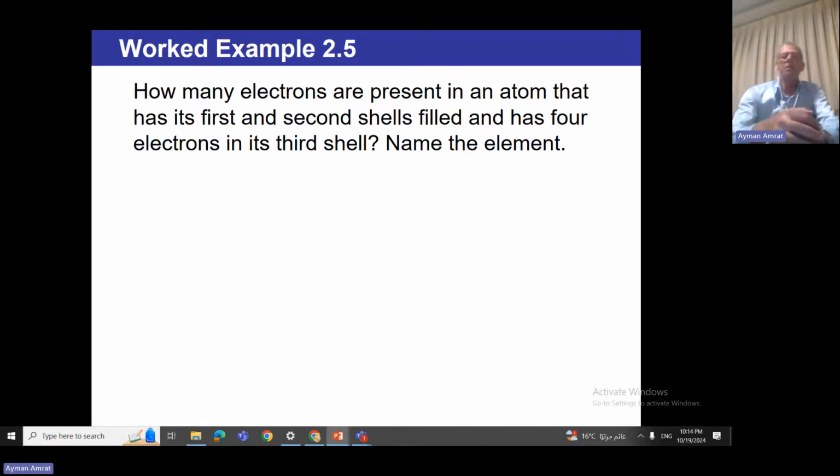Example: how many electrons are present in an atom that has its first and second shells filled? The first shell is filled with 2 electrons, the second shell is filled with 8, so 10 electrons, and it has 4 electrons in the third shell, so the total number of electrons is 14. 2 in the first shell, 8 in the second, and 4 in the third.